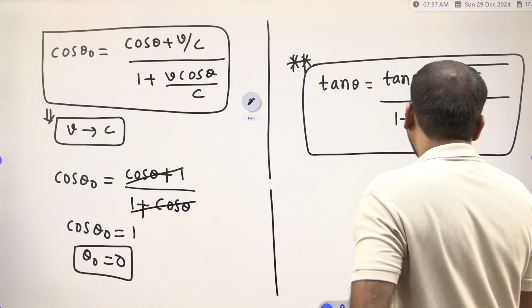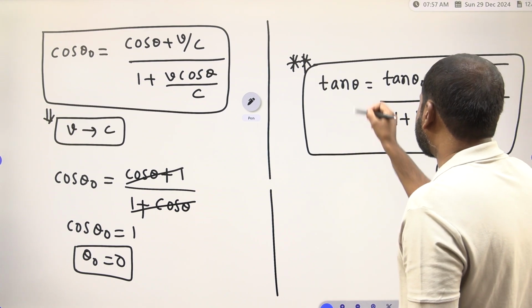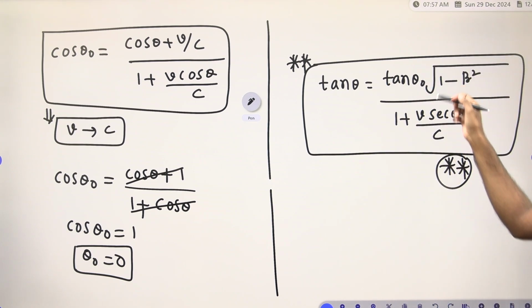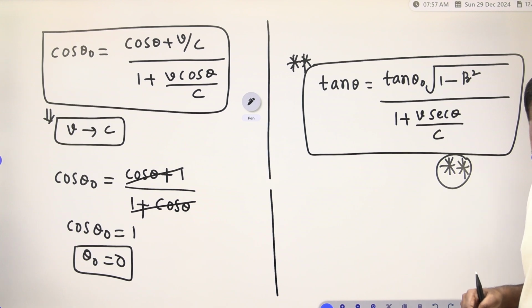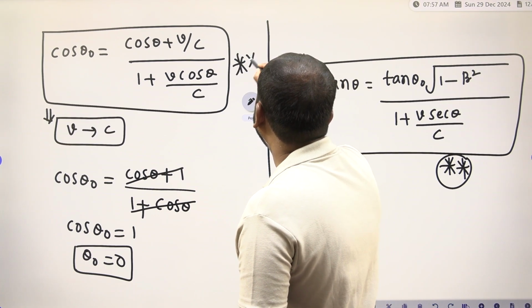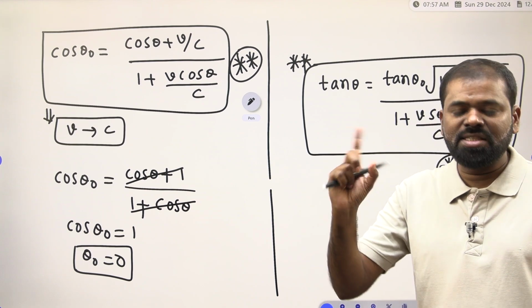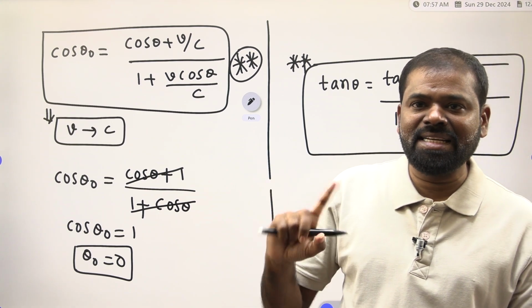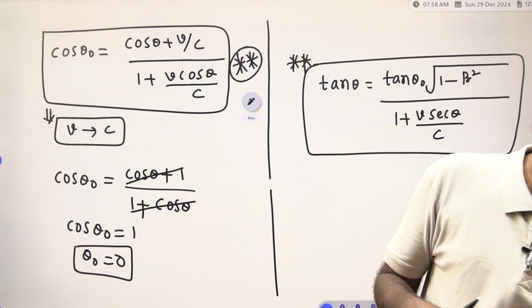This is the tan theta formula you have to remember. Theta is in the S dash frame, theta naught is in the S frame. This is also an important formula. So, these two formulas you have to remember, you will get them in your competitive examination. Similarly, just as length and time are variant, in the same way I am discussing these things.